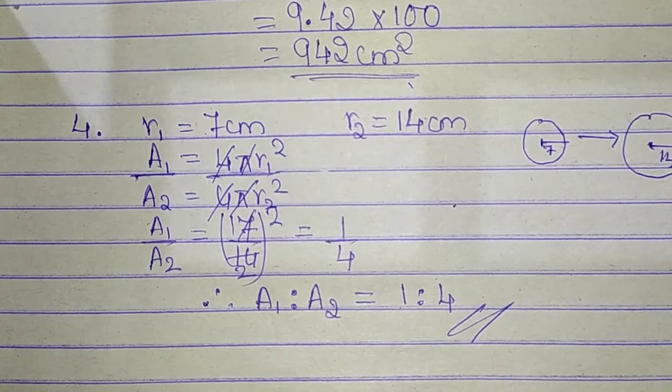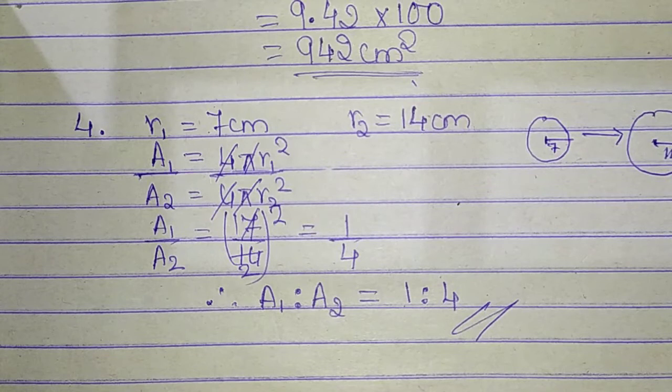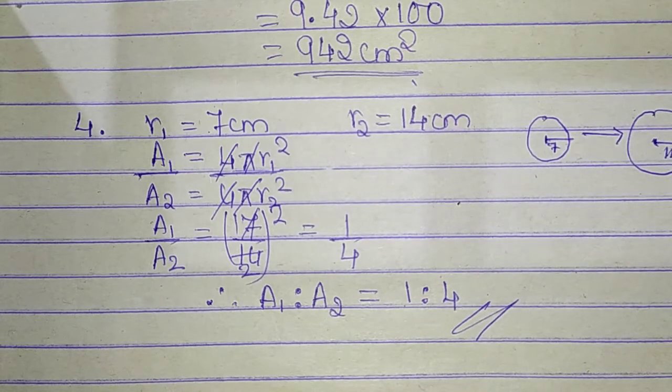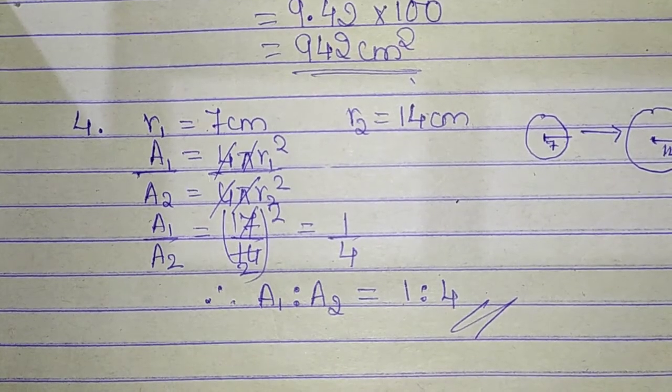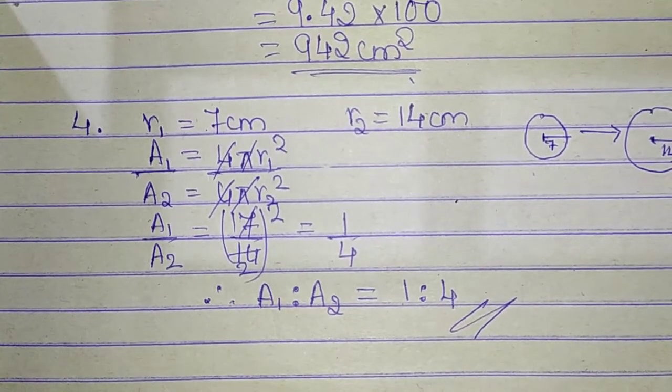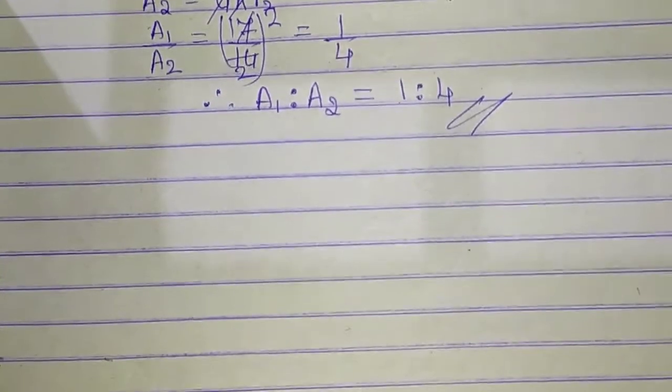Moving to the fifth question, a hemispherical bowl made of brass has inner diameter 10.5 centimeters. Find the cost of tin plating it on the inside at the rate of rupees 16 per 100 centimeter square.